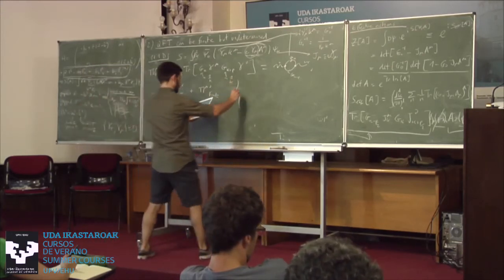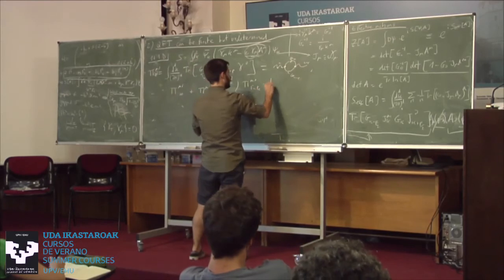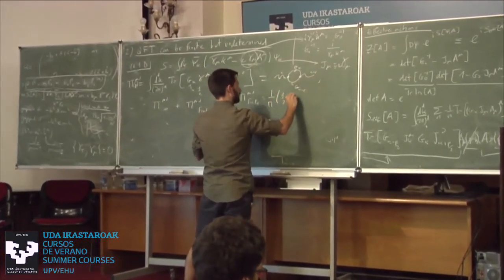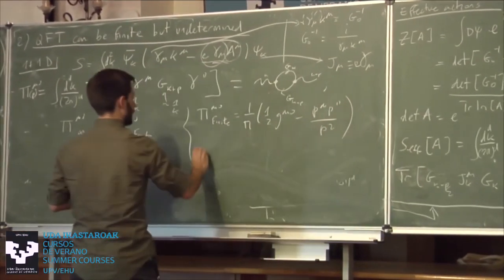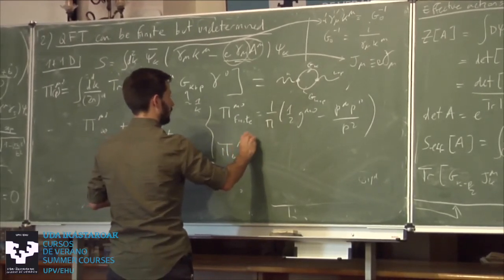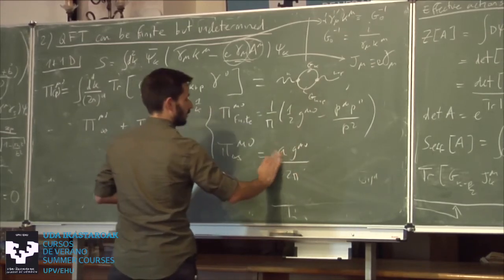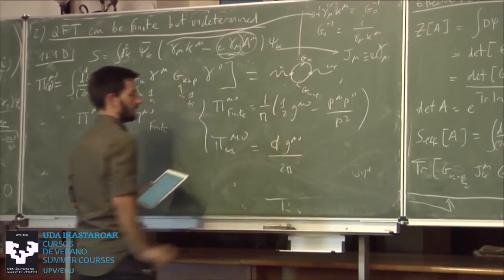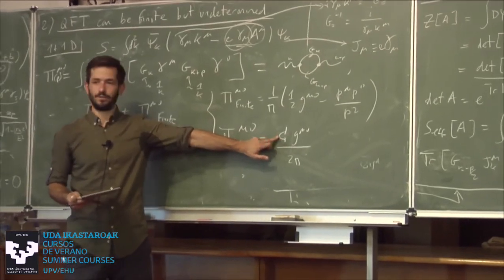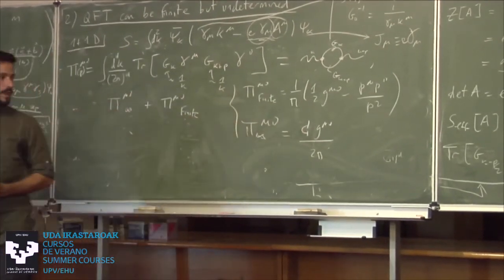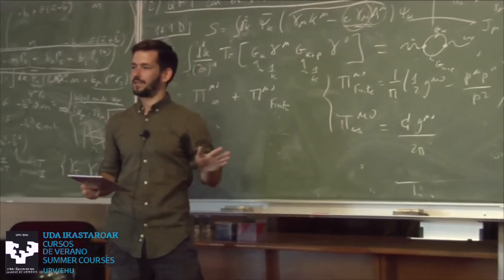The finite part is just 1 over pi over P squared, and the other one, let me call it C. So this C parameterizes the results I get when I use different regularizations. So generically I get an answer that depends on how I regularize the theory.